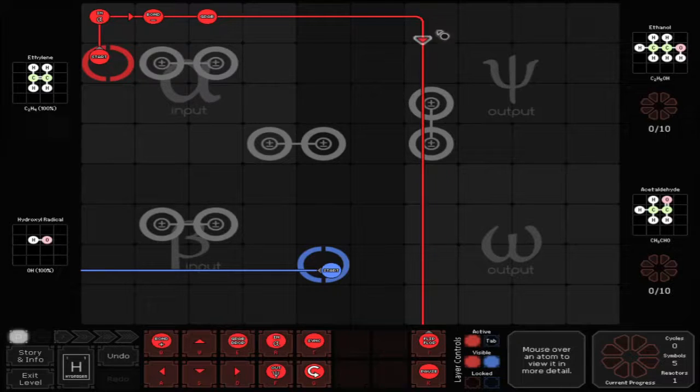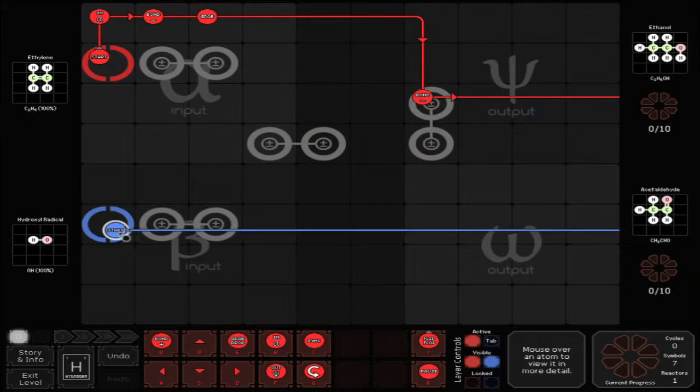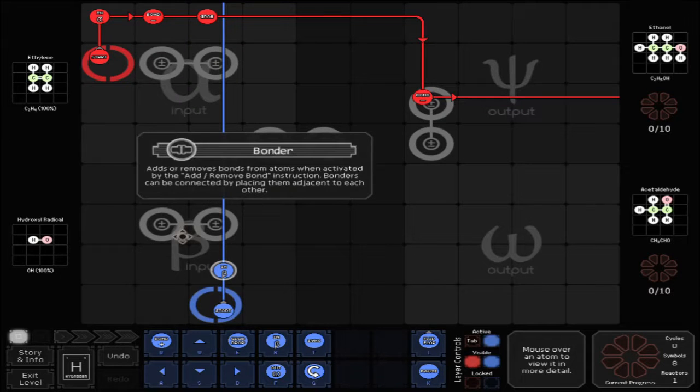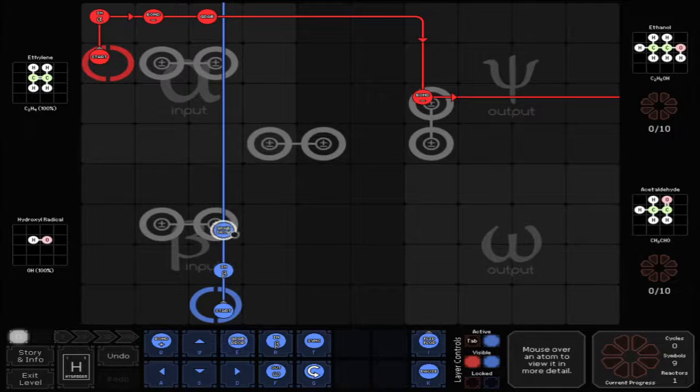Let's see, carries it around. Let's say pops it off there. And meanwhile, I actually can't have Blue start there. Let's have Blue start here and rely on Red to delete the bond between his first hydroxyl radical.